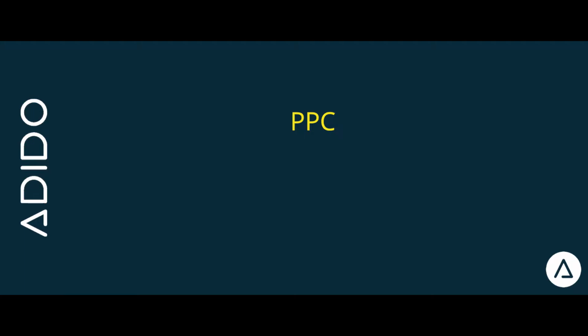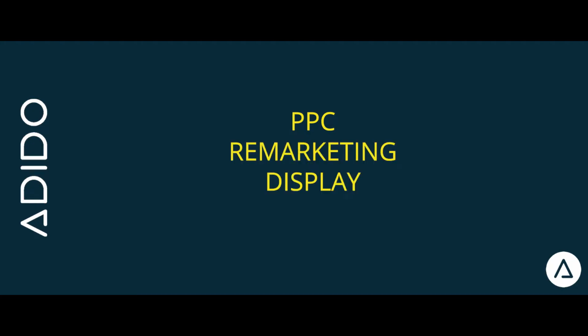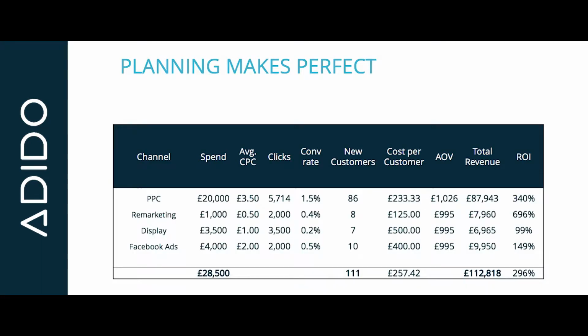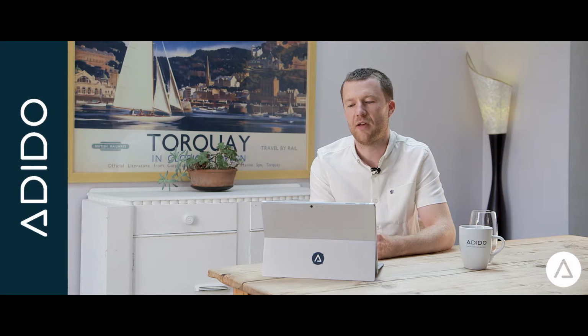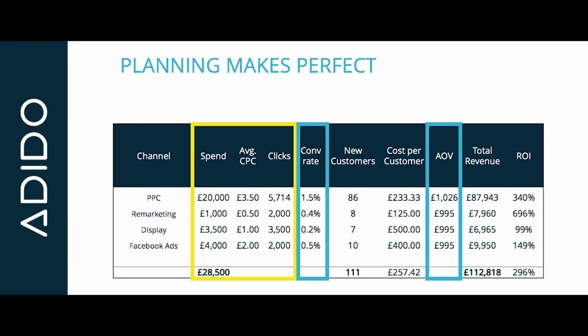Paid advertising through Google or Bing, remarketing through both of those channels, sometimes some display advertising on top, and additionally Facebook ads. Here we've got an example where we're spending around £28,000 on our media each month, and a prediction based on some various formulas and experience that we have in the team about the sort of revenue and return you may get from each of those different channels. But here we can see the spend you may have and the conversion rates.